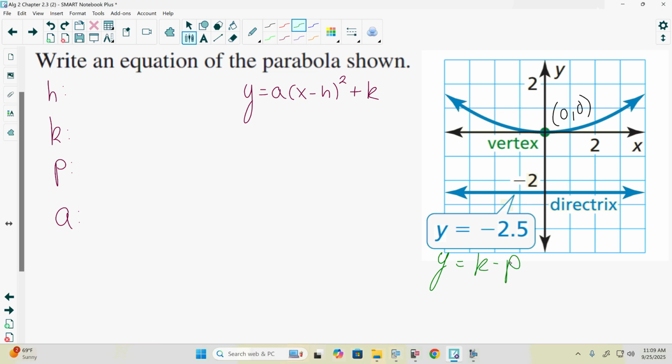You know the directrix equation in the general form is y equals k minus p. The vertex, they told us, is the point 0, 0. So that means the values of h and k are both 0 and 0.